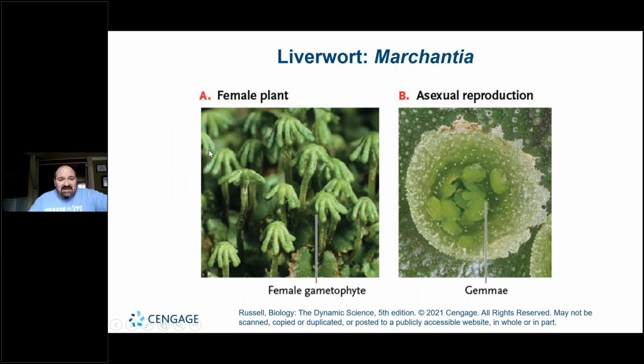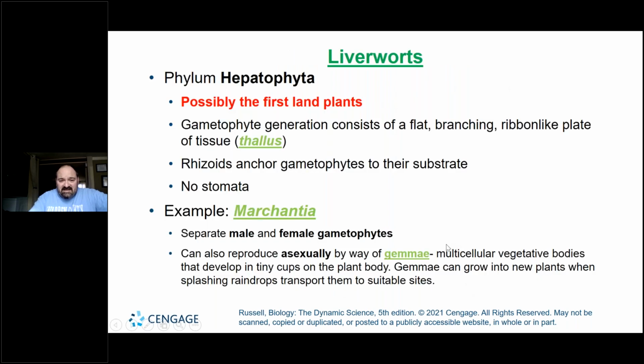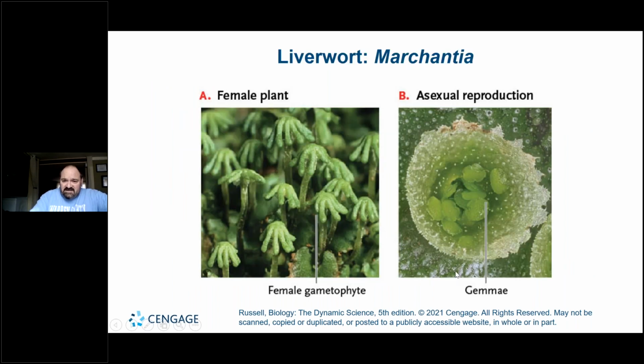That's crazy. So, you know, through asexual reproduction, these gemmae are present within these vegetative bodies. These are the gemmae, and then in these cups, raindrops will fall and allow them to spread out and have the opportunity to grow.